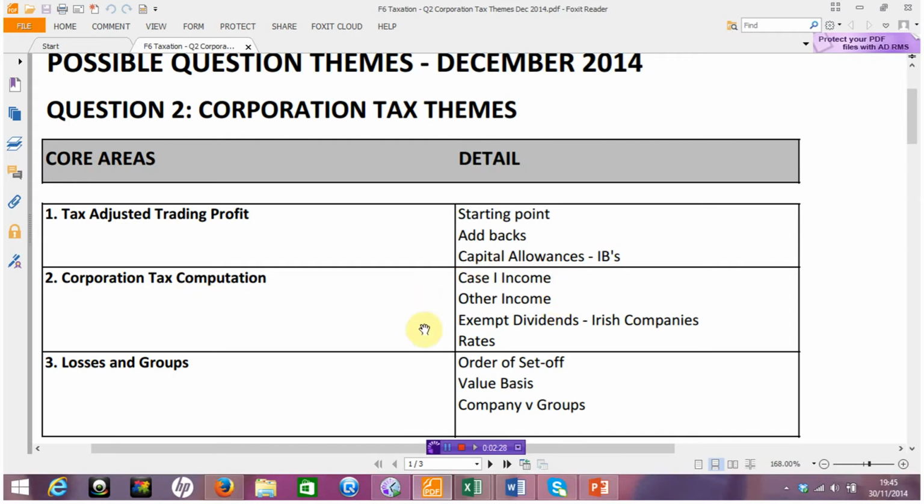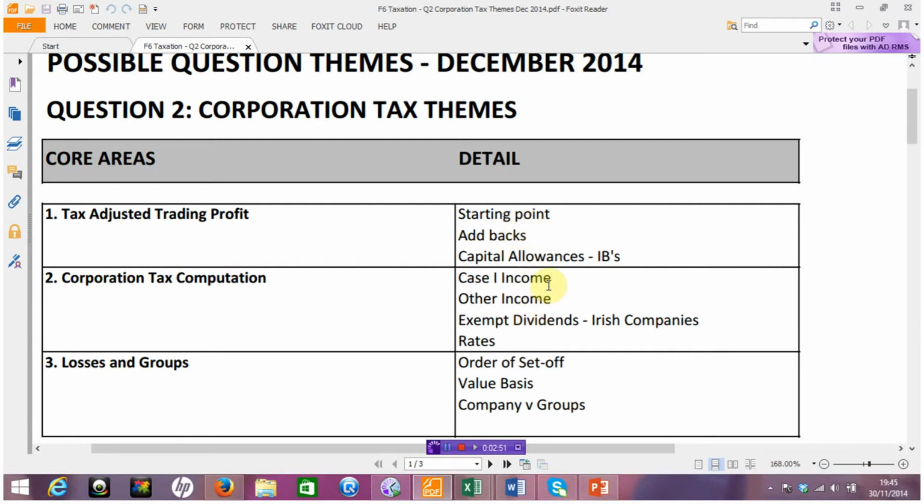So I would have thought that this middle area is a key area for you to pick up some marks. Do bear in mind that even if the Case 1 adjusted figure is inaccurate, not 100% bang on, you'll be method marked here, so you won't be penalized for using an incorrect figure, let's say from part A above.